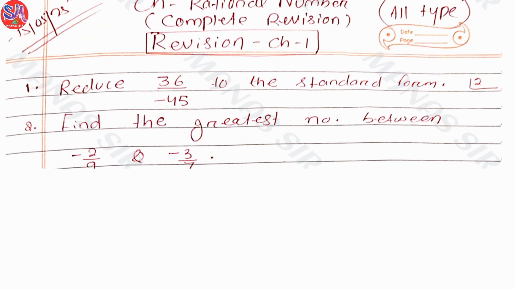The first question, number 1, reduce 36 divided by minus 45 to the standard form. So first of all, tell me what is standard form.